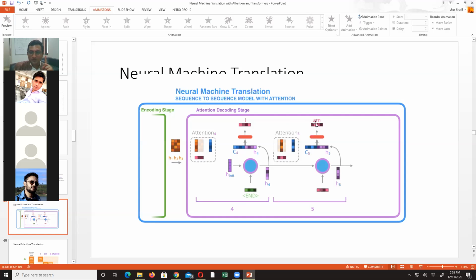Right. Now, when you have already printed I and M, you come here at this hidden state. We say that when you see H5 and the input is M, because here we are sending the actual data to the decoder side with one time step delay. So we are not sending "I am a student" here immediately.